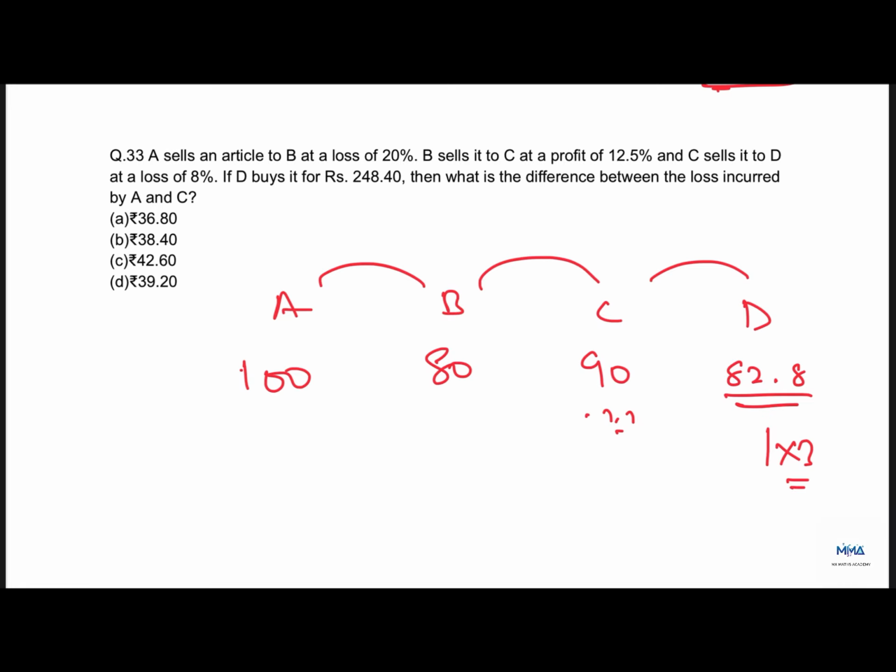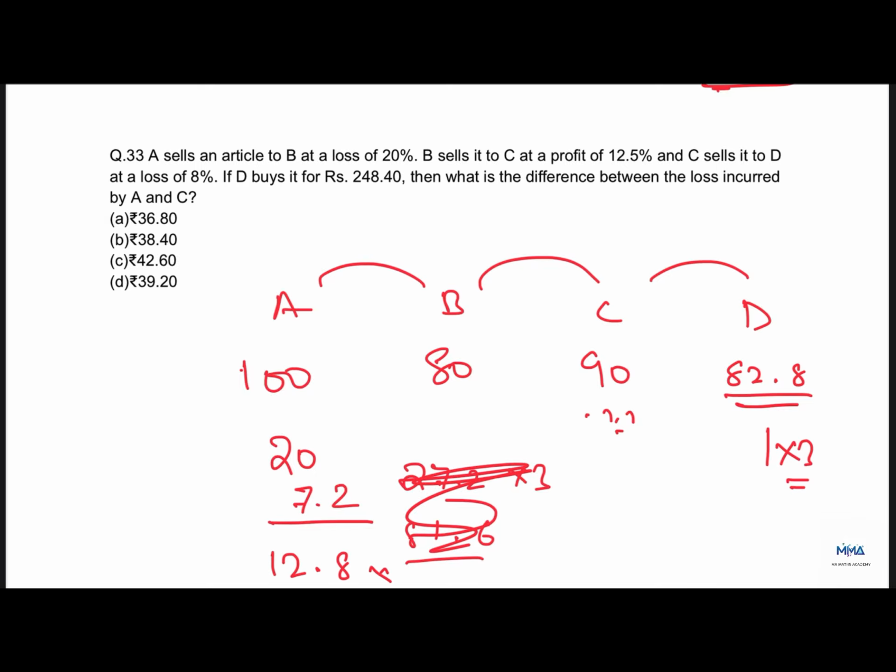Now the question asks for the difference between the loss incurred by A and C. A incurred 20 rupees loss and C incurred a loss of 7.2. Sorry, they ask for the difference, guys. 20 and 7.2, 12.8, times 3, 38.4.